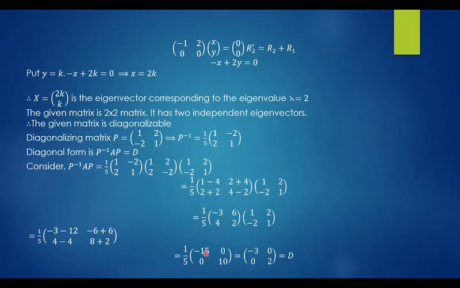You get minus 15, 0, 0 and 10. Then you can take 5 outside, and 5 cancels with the determinant P value 5. The remaining terms are minus 3, 0, 0 and 2, which is in diagonal matrix form. That means only diagonal elements exist, other elements are zeros. So P inverse AP equals D.